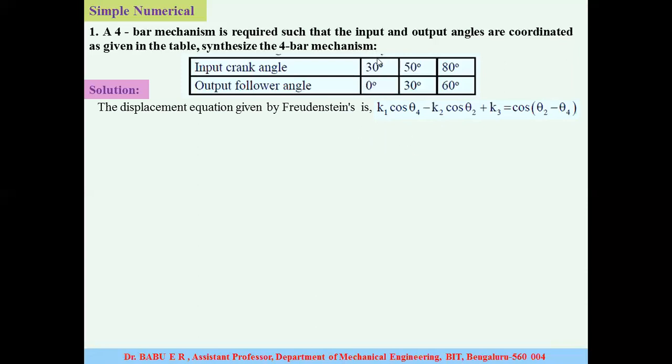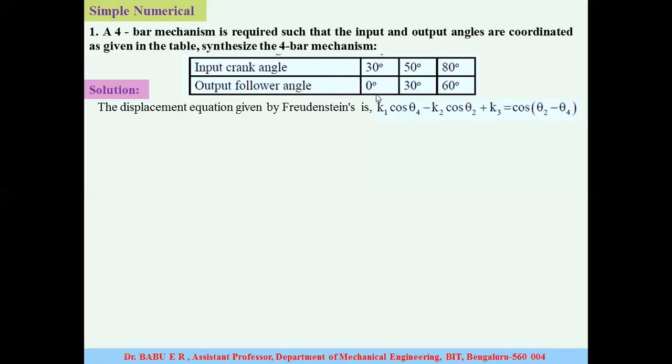If I substitute for the first position, the input crank angle becomes theta 21 and the corresponding output follower angle becomes theta 41. So this equation modifies as k1 cos theta 41 minus k2 cos theta 21 plus k3 equals cos of theta 21 minus theta 41.